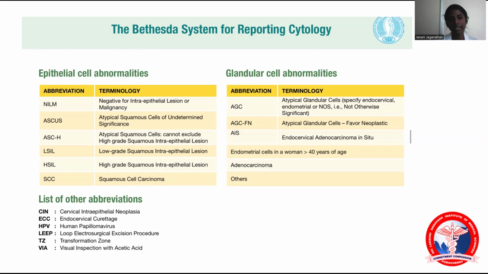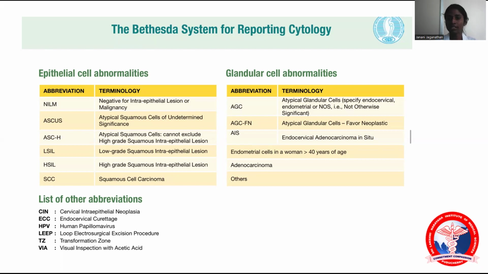Another is ASC-H, atypical squamous cells, cannot exclude high-grade squamous intraepithelial lesion. Then LSIL, low-grade squamous intraepithelial lesion, and HSIL, high-grade squamous intraepithelial lesion. And carcinoma, that is, squamous cell carcinoma of the ectocervix.